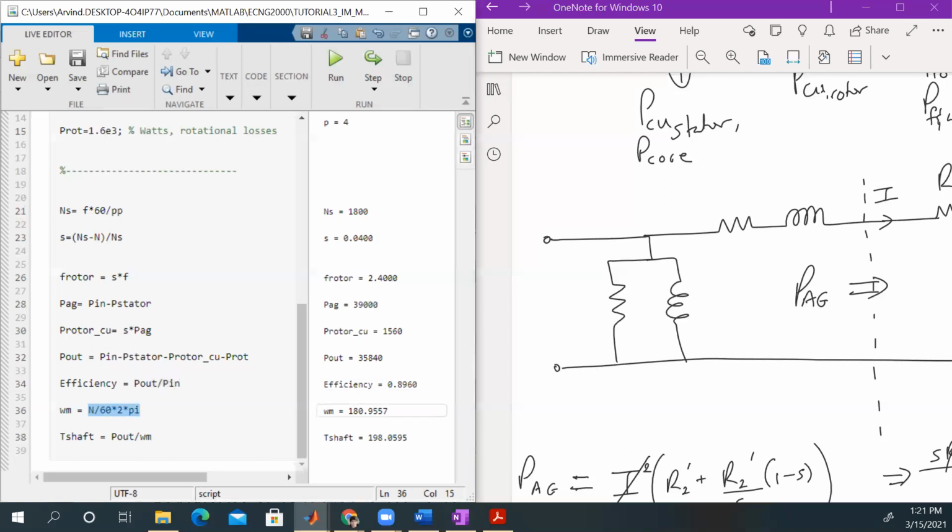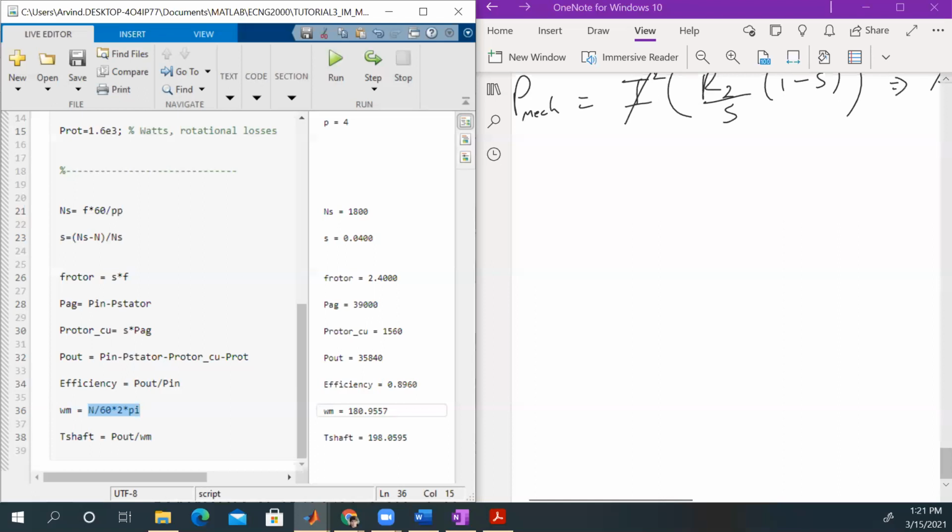Why didn't we use the pole pairs here? Anybody? Who could tell me? Anyone want to take a guess? Nobody?